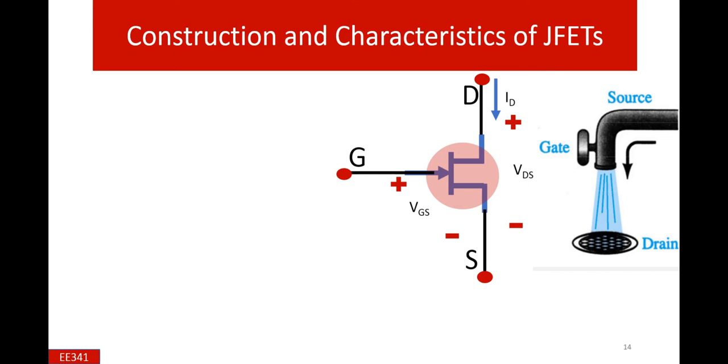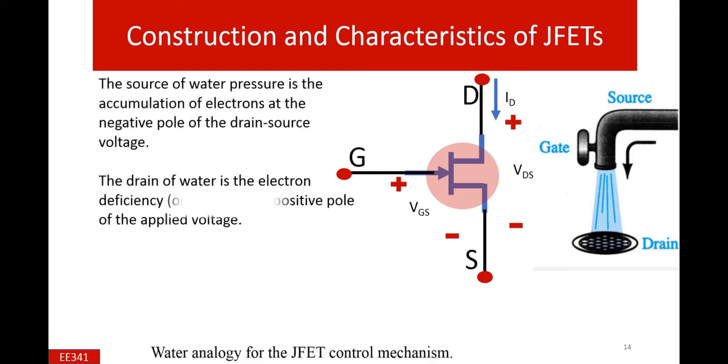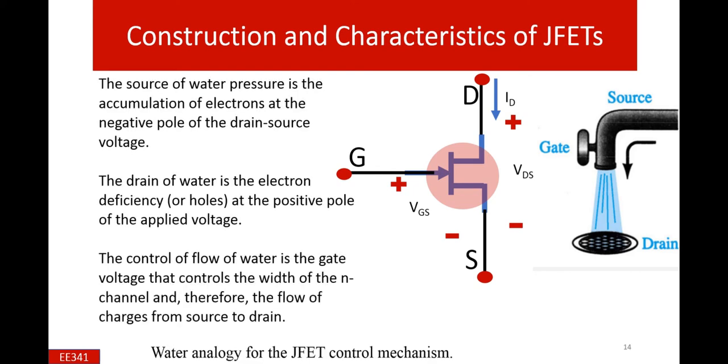Similarly, if we are talking about the N channel, then the flow of electrons can change with the gate. And the drain here is the draining of water, and here it is the draining of electrons, or holes, the positive carriers. This is the symmetry or analogy between these two systems, electrical and water.